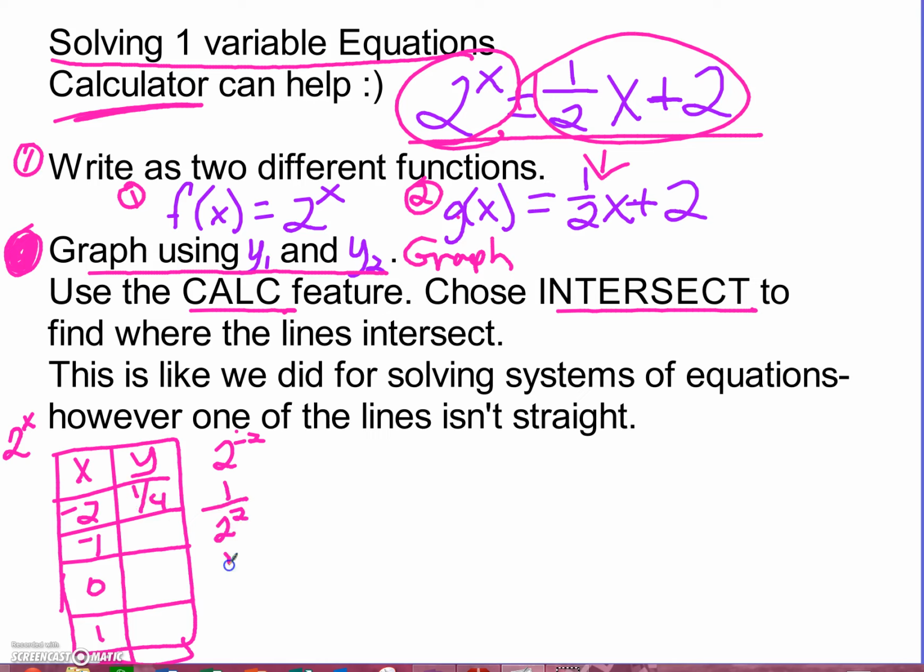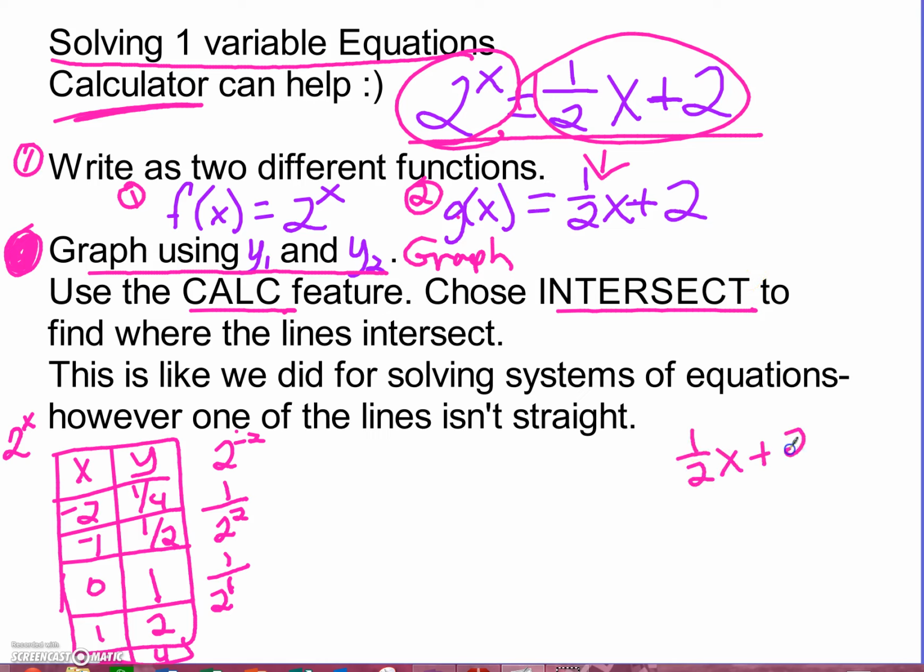Then this would be 1/2. 2 to the 0 would be 1. 2 to the first would be 2. 2 squared is 4.